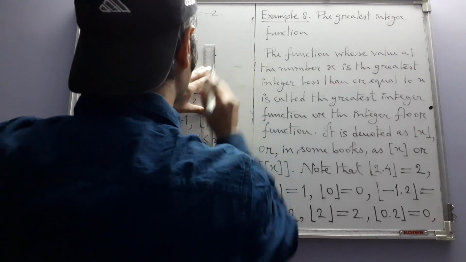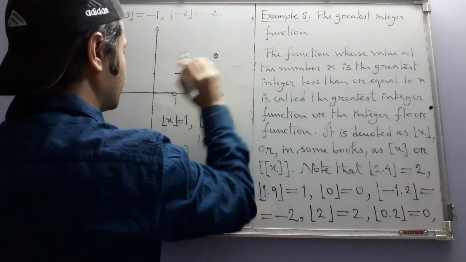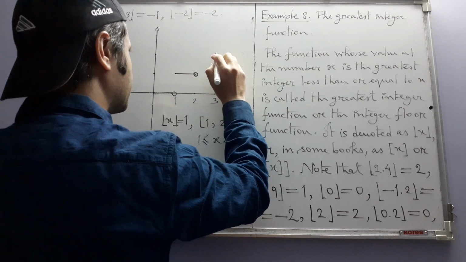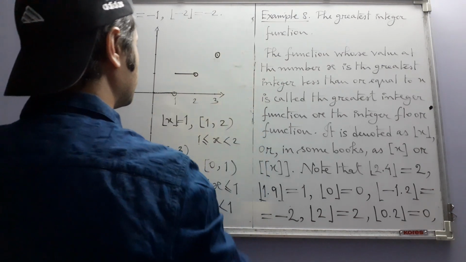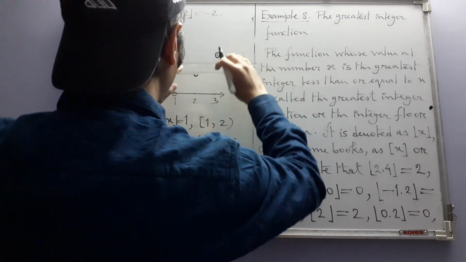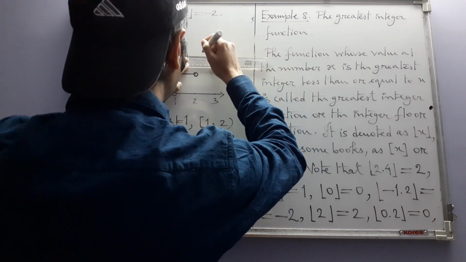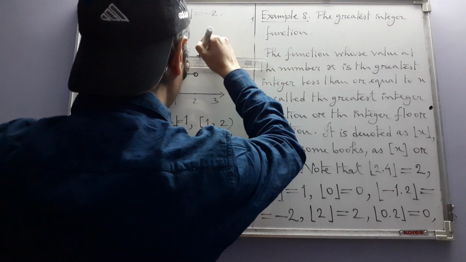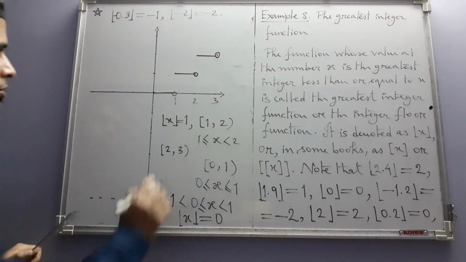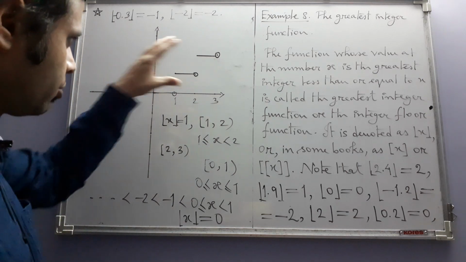So this point is not a part of the graph, just that point, not anything else. So you can see that the graph appears in broken parts.